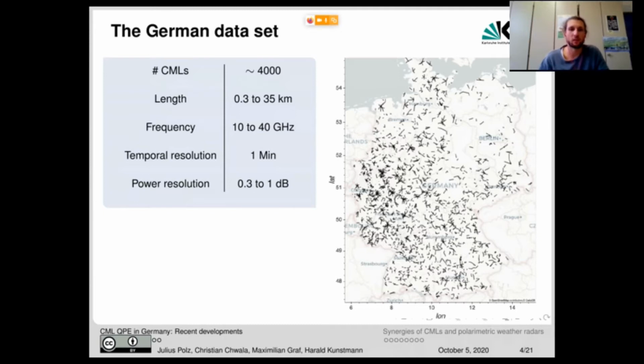Microwave links are about 300 meters to 35 kilometers. I think the average is about 7 kilometers. Frequency is 10 to 40 gigahertz, so what concerns microwave links, it's a bit in the lower frequency range. Temporal resolution is 1 minute instantaneous measurements, and the power resolution is 0.3 to 1 dB.